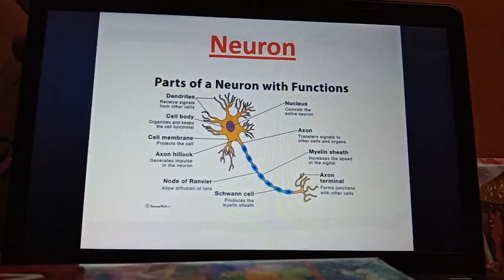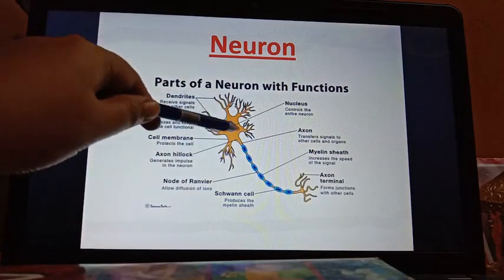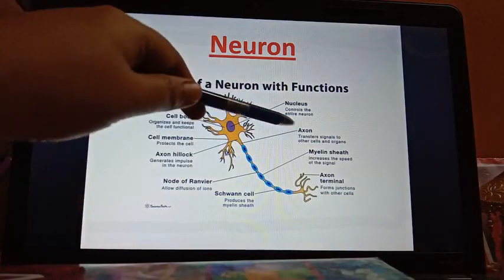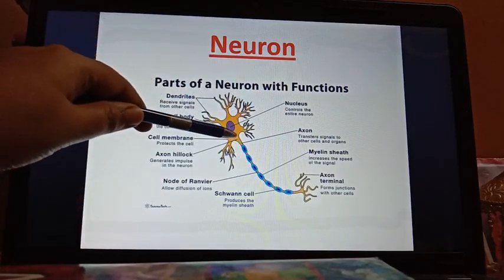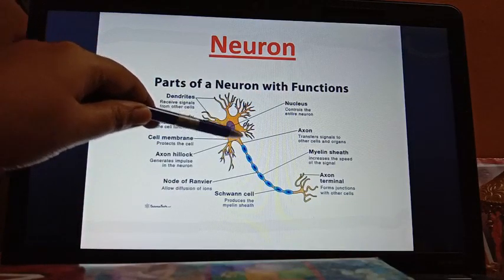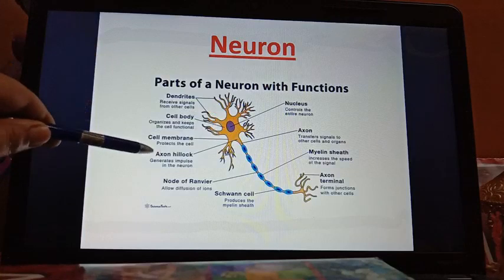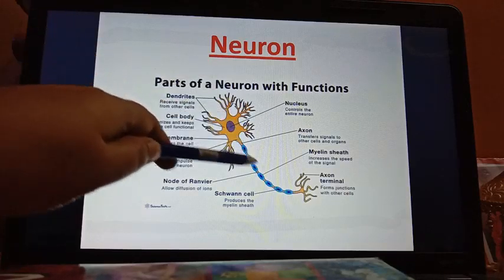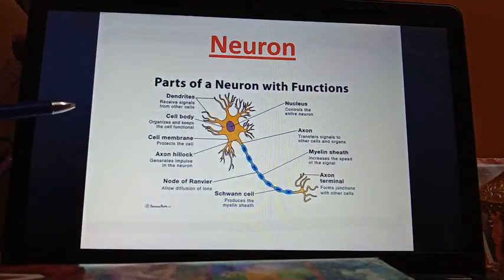It is a long cylindrical fiber that extends from the cyton. Axon joins at a junction with the cell body. This junction is known as axon hillock. So what is the function of axon? It transfers the signals to other cells and organs.